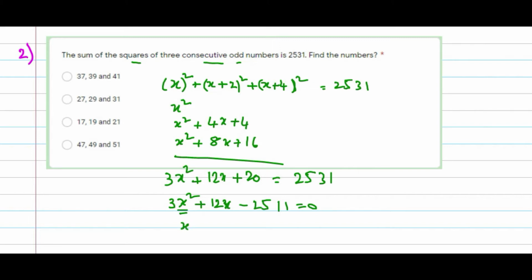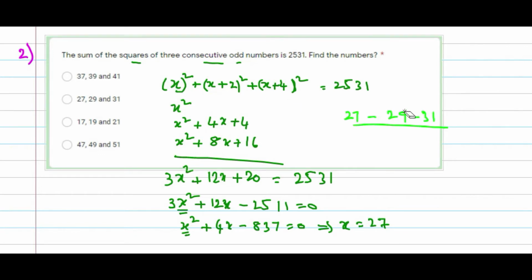This will be x square plus 4x minus 837 is equal to 0. So if you take the roots, x is equal to 27. If x is equal to 27, the other numbers follow. So these three are the numbers, and the answer would be this one: 27, 29, and 31. Let's go to the next problem.